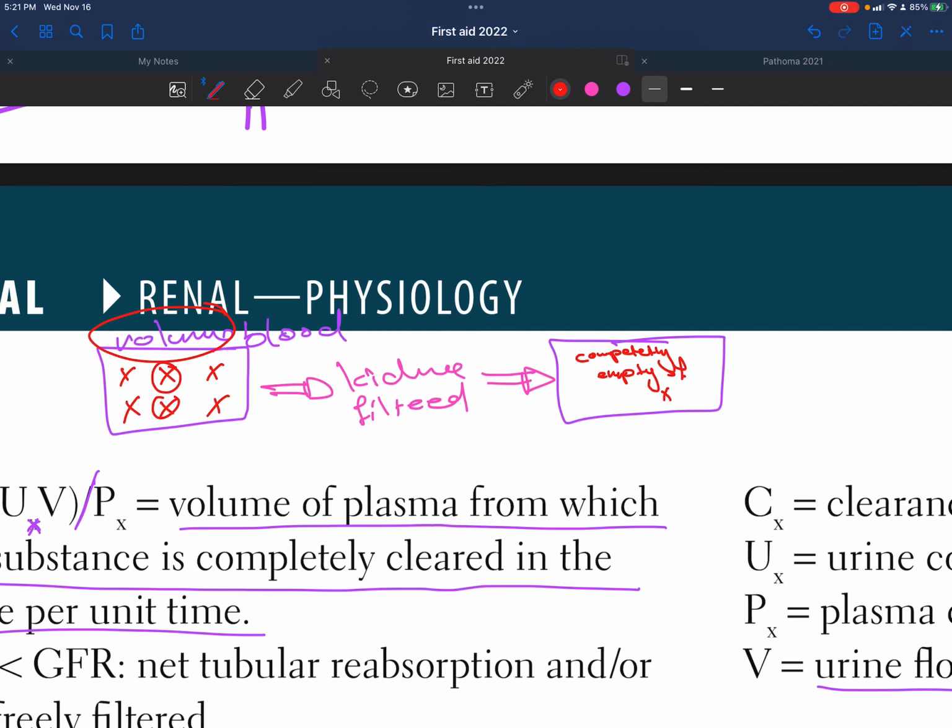Per unit time, this happens; the kidney clearance occurs during some specific time.